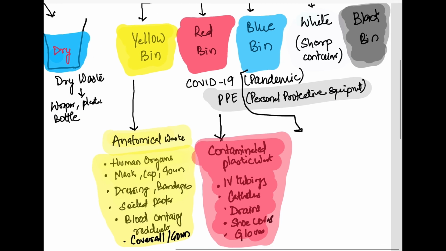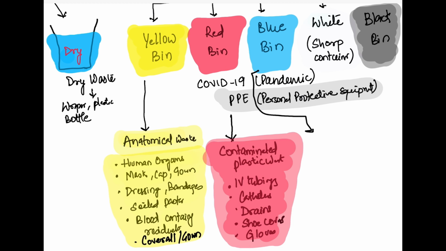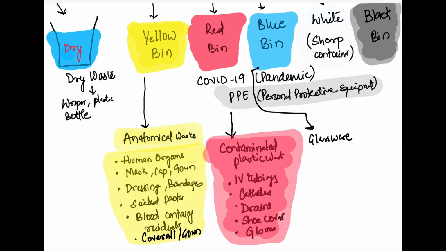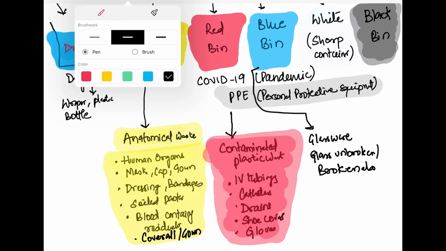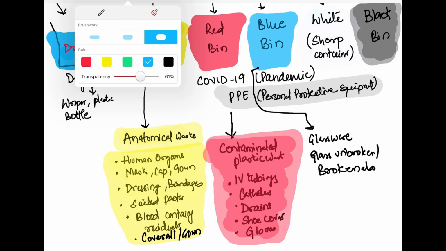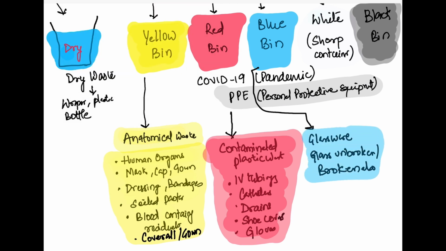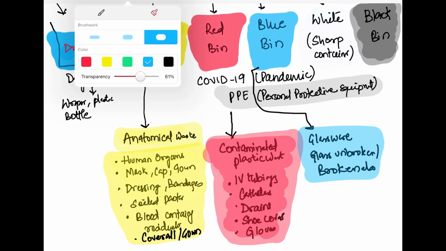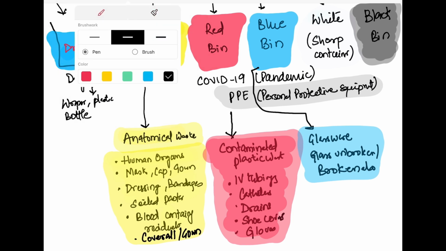In the blue one, we will use glassware, both unbroken and broken. All the glassware will be put into this blue bin. Then, before the black one, the sharp container.